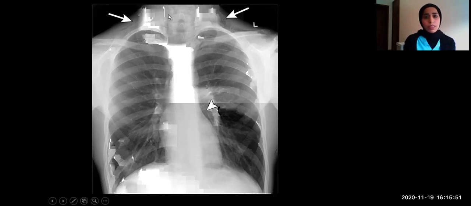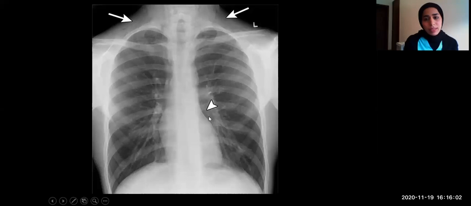So this is extensive surgical emphysema of the subcutaneous tissue. If you look closely at the mediastinum, you can see the line of the pleura and lucency here just along the cardiac shadow, and this is suspicious for minimal pneumopericardium or pneumomediastinum.